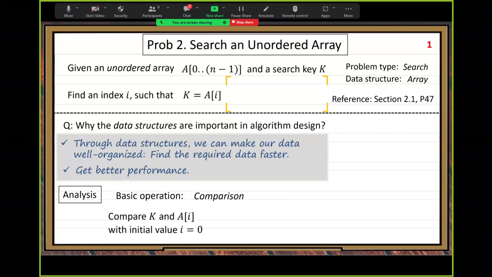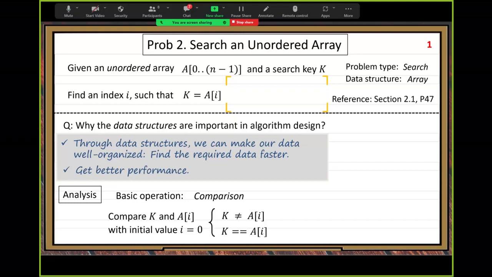So at the beginning, we start our comparison from the first element, I equals 0. So we only have two possibilities. The first one, K equals A of I, and the second one, not equal. So not equal, greater or less, we do not want to tell the difference, greater or less.